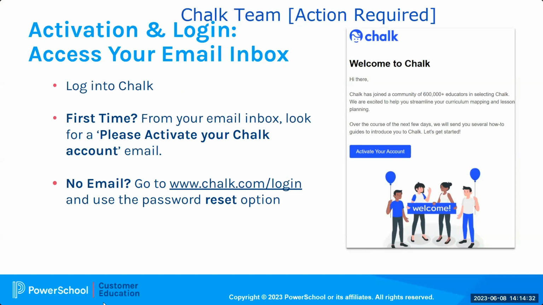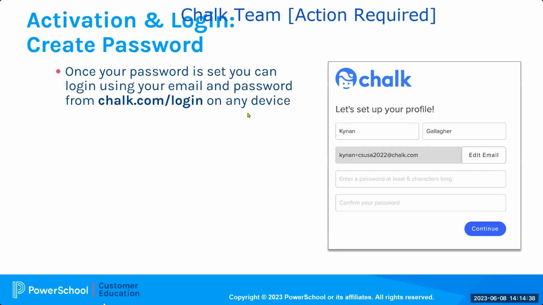And when you click into that email, you're going to find a button that says activate your account. When you do that, you will find that you will have to add your first name, your last name, and then change your password or add a password. Okay. Let me know if you're having any issues.